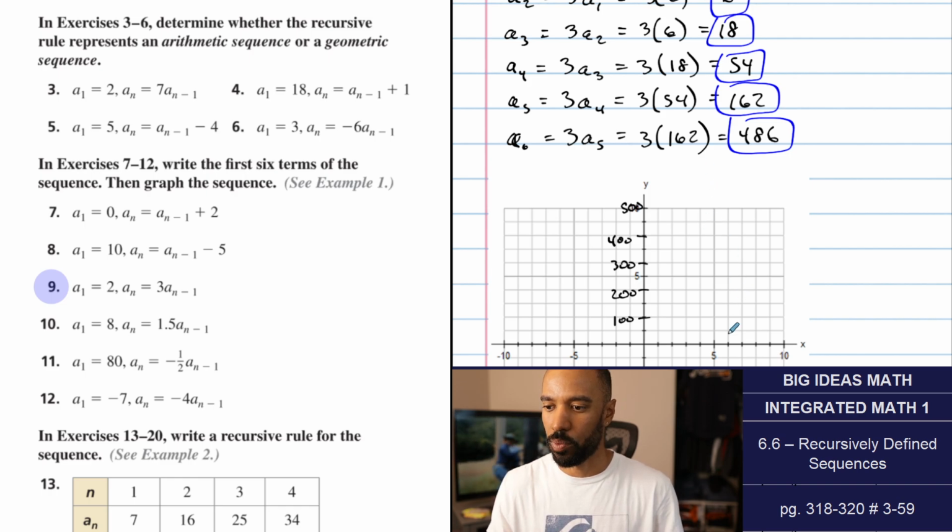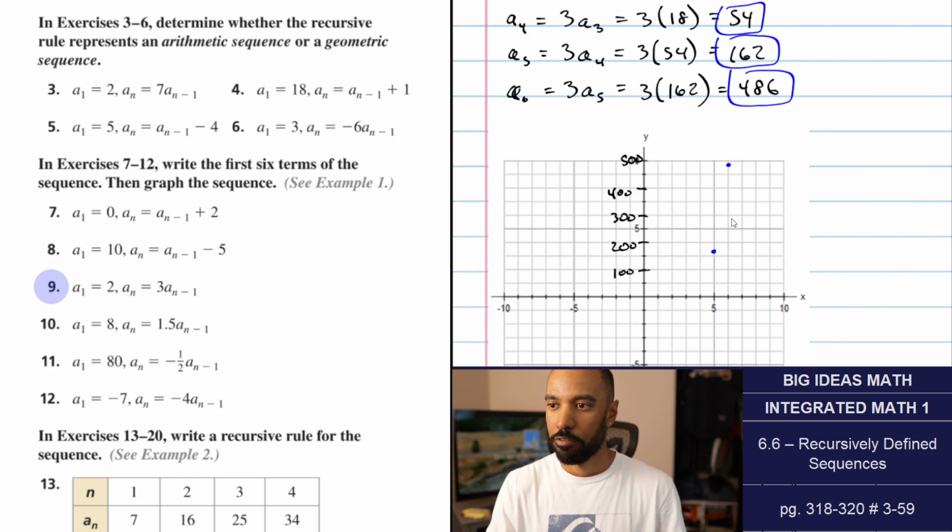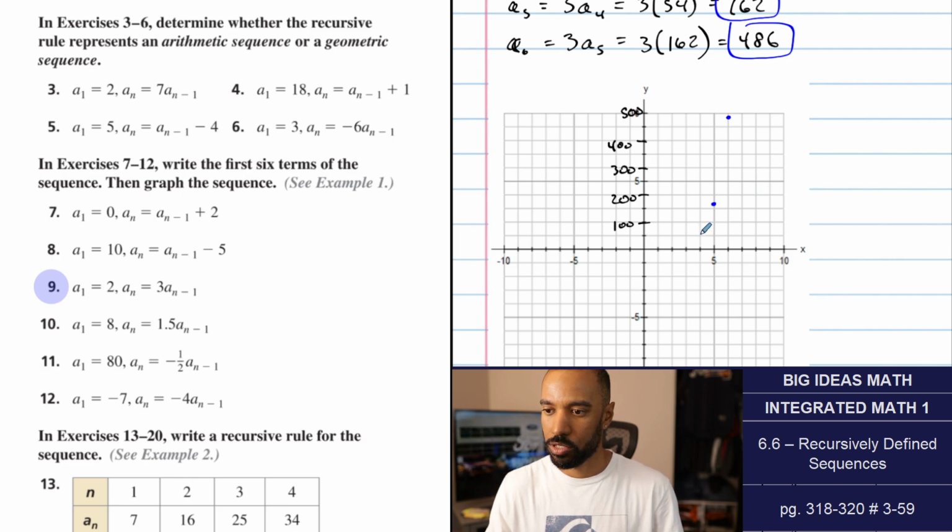The sixth term is all the way over here where we get 486, really close to 500. This is 450, 460, 470, 480, somewhere near there. So 486, boom. Now 162 already goes pretty small there. So 5 and 162, a little more than 150, maybe up right here. 54, really close to 50, just above it.